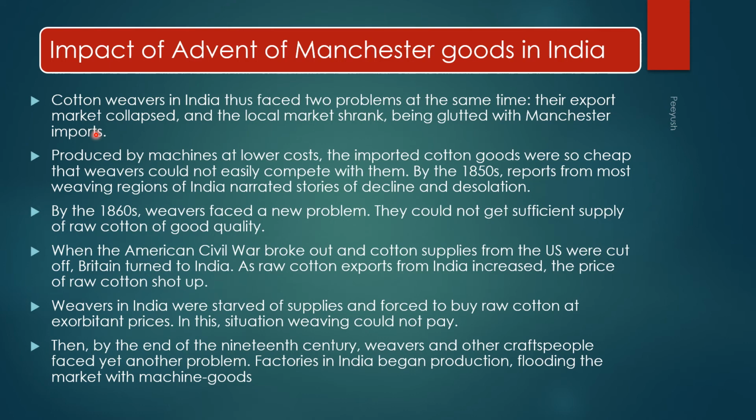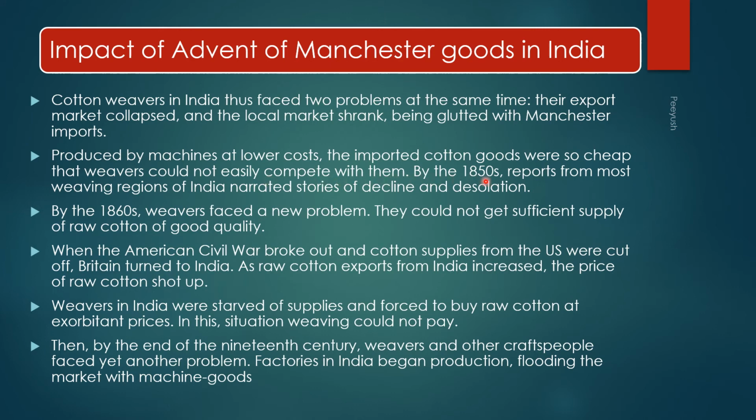Their export market had already collapsed, and they were not even able to get business from the local market, that is within the country. Produced by machines at lower costs, the imported cotton goods were so cheap that weavers could not easily compete with them.